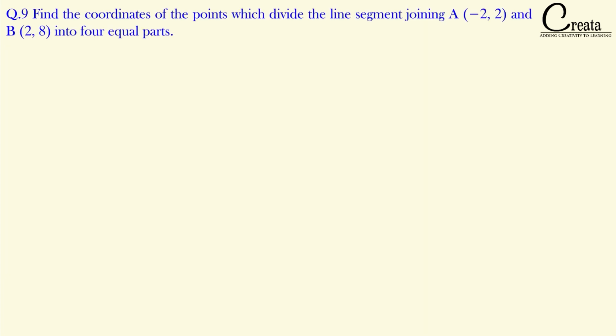Let's move to question number 9. Find the coordinates of the points which divide the line segment joining A (-2, 2) and B (2, 8) into 4 equal parts. Let's observe the question. A line segment AB is given. The coordinate of point A is (-2, 2) and the coordinate of point B is (2, 8).